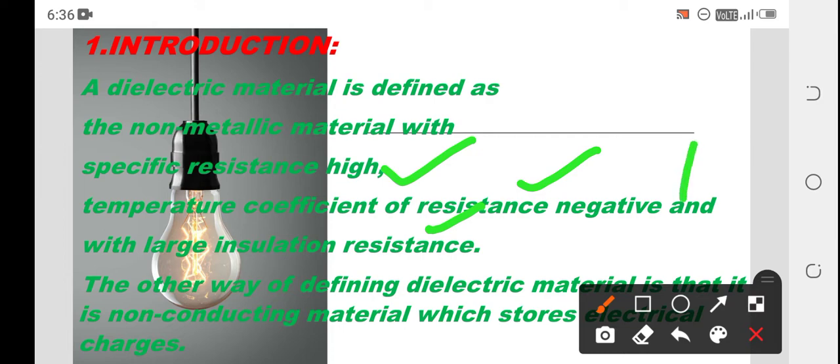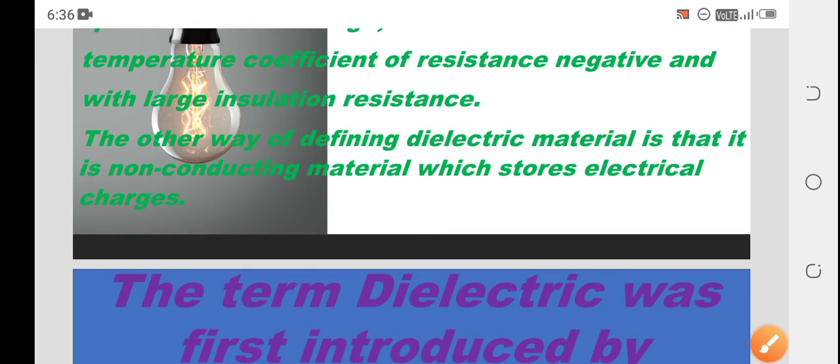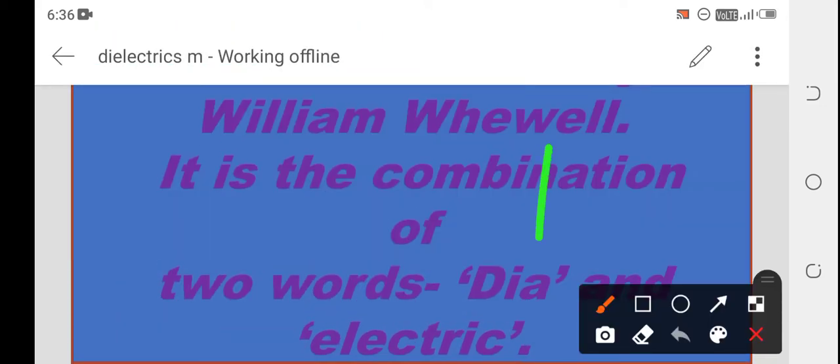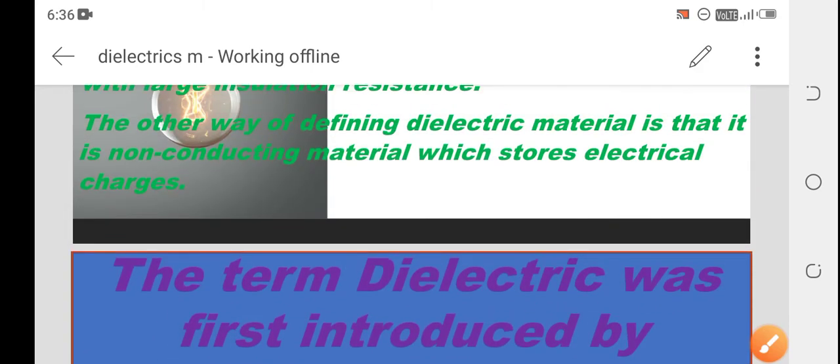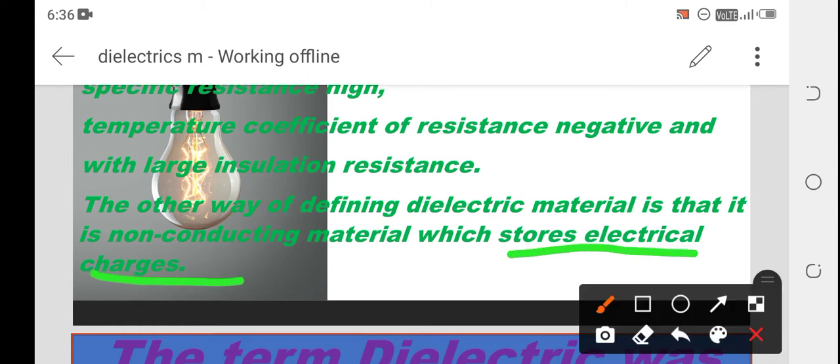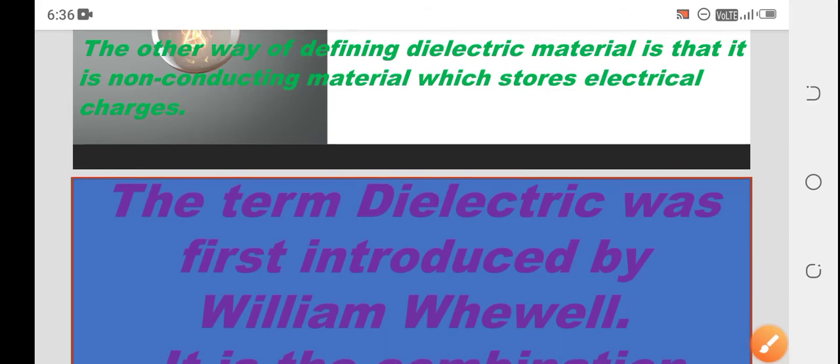In another way, how can it be defined? A dielectric material is a non-conducting material which stores electrical charges.